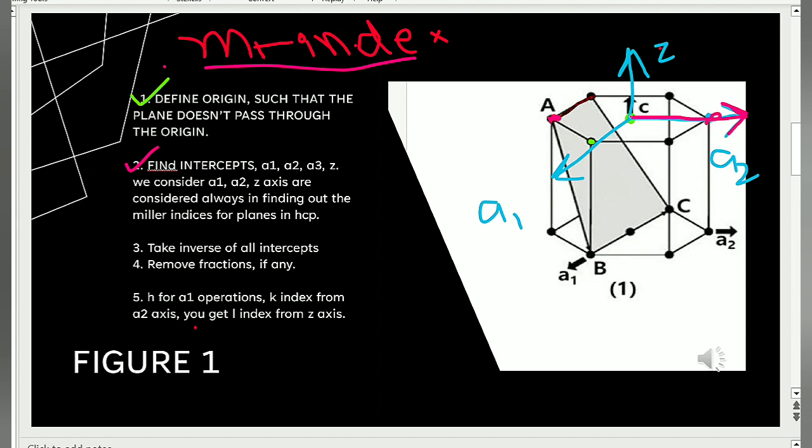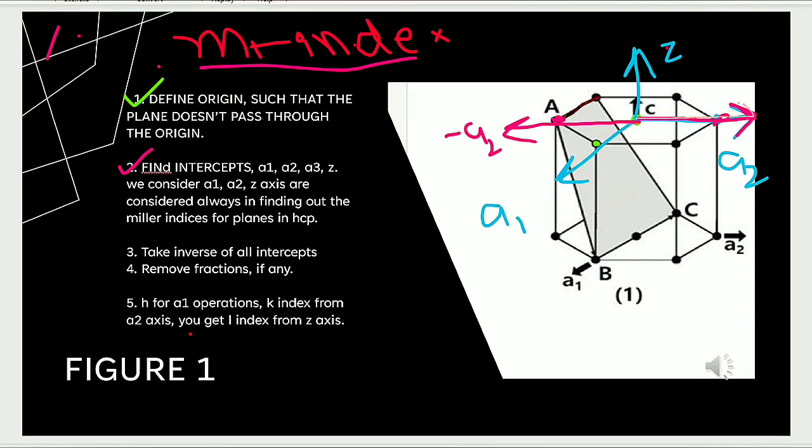Drawing a line from origin to this corner will give you the negative A2 axis. As we have seen, this is the positive A2 direction, and the corner just opposite to this corner will correspond to a negative axis.